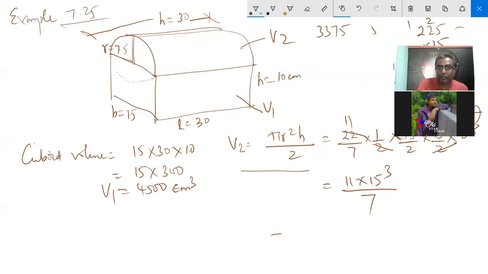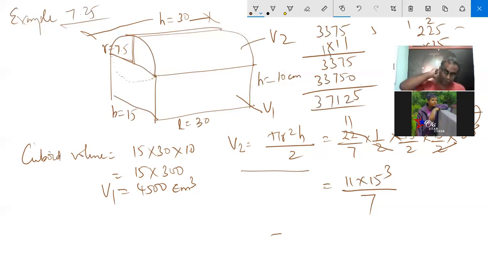Then 15 into 11 you have to bring. Again 3375 into 11 is 37,125. That should be divided by 7.